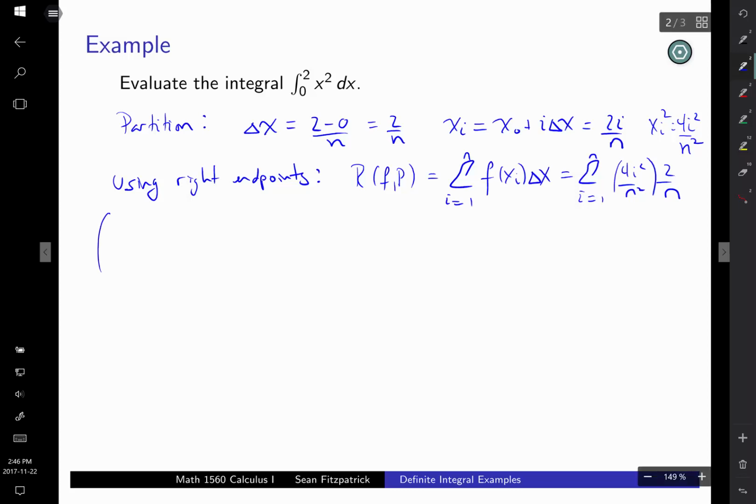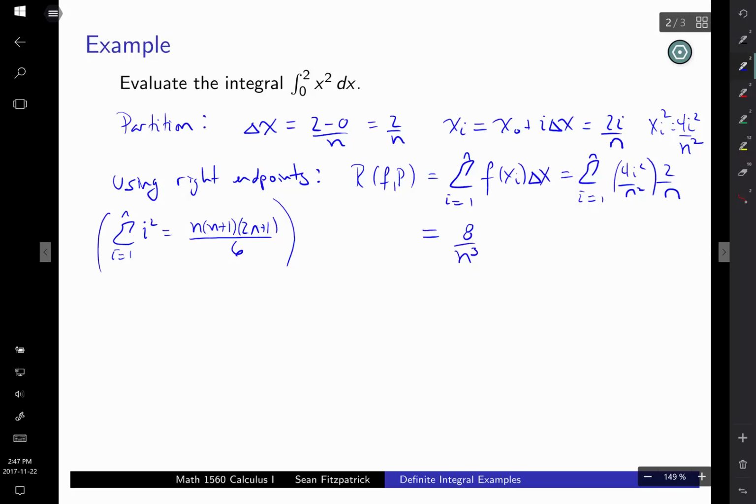So remember we had this formula last time. There's a summation formula for the sum, i going from 1 to n, of i squared, and again, you don't need to know this formula, but we do need to use it for this problem. If you use that here, there are some constants that we can bring out of the sum. 2 times 4 is 8, over n squared times n, which is n cubed, right?